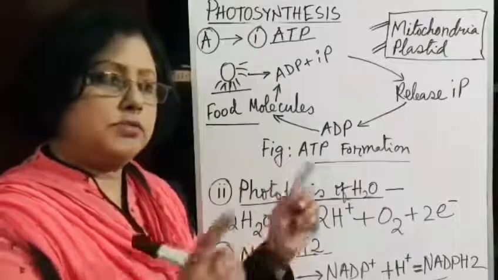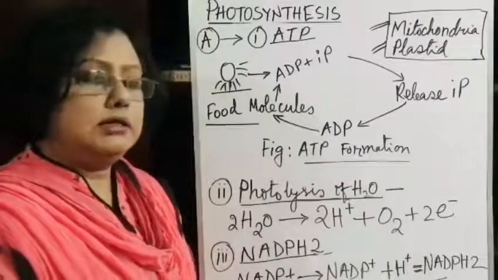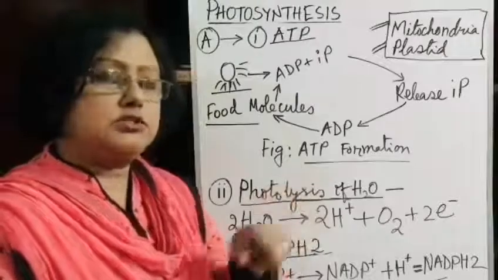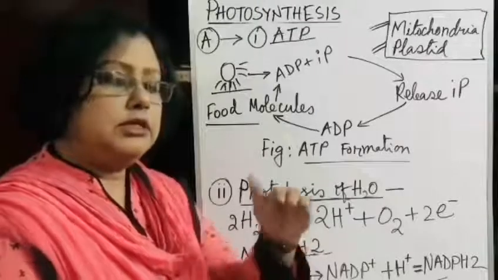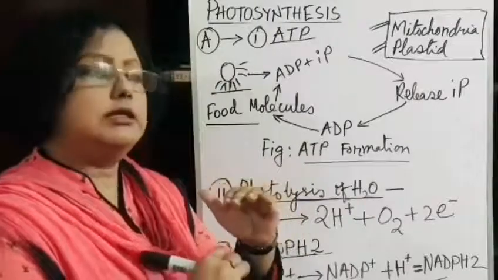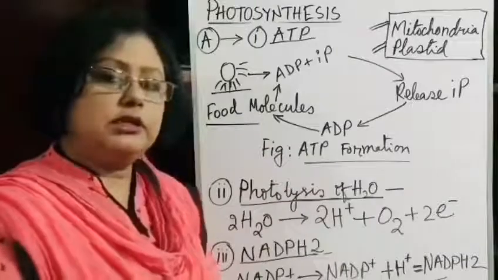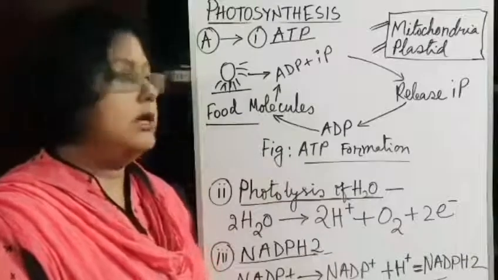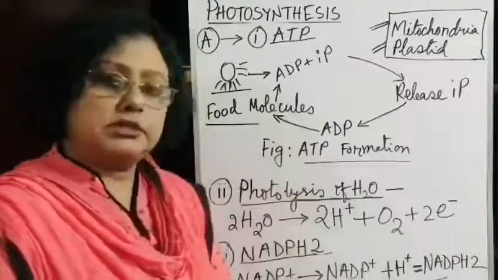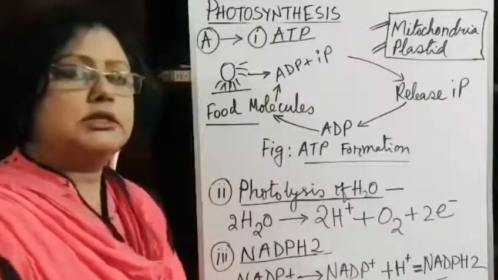The chloroplast is a double layer membrane bounded cell organelle, and inside there are disc-like structures which contain chlorophyll. Many discs together are called thylakoid, and many thylakoids in a group are called granum. The liquid filling the chloroplast is called stroma, and ATP formation mainly takes place in the membrane of the thylakoid.